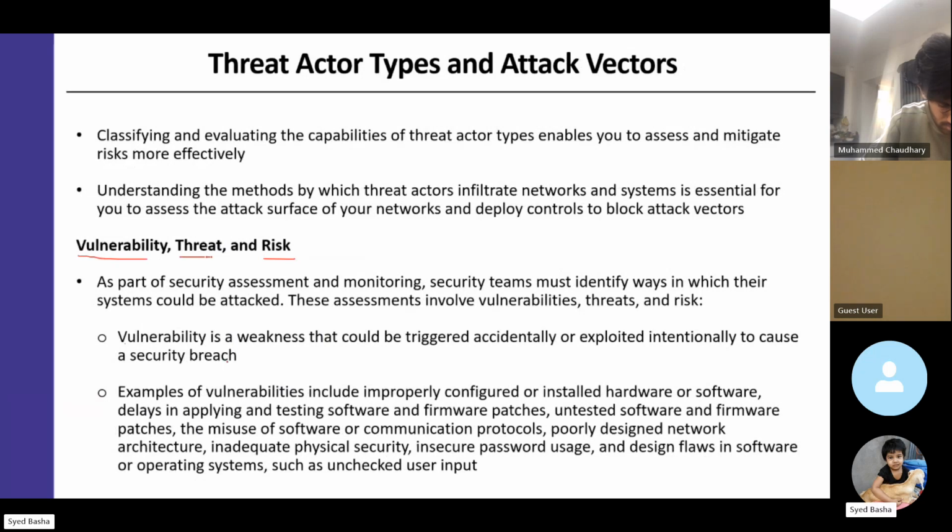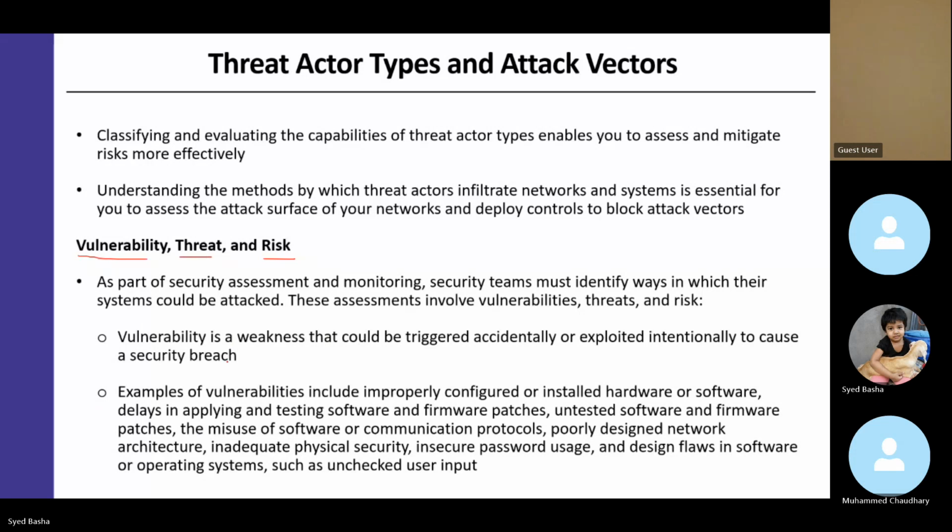Any example of a vulnerability, brothers? It's a weakness. I've given you the clue.